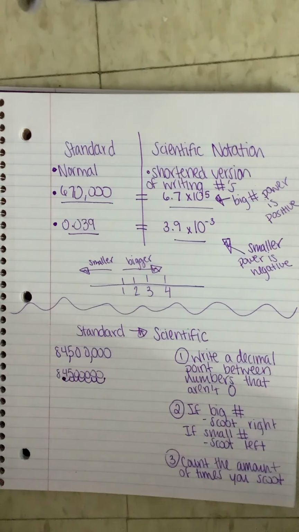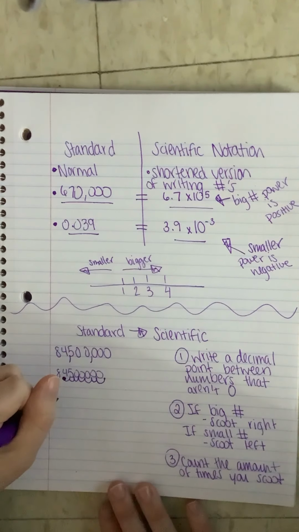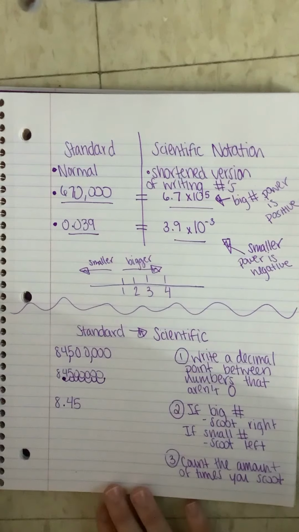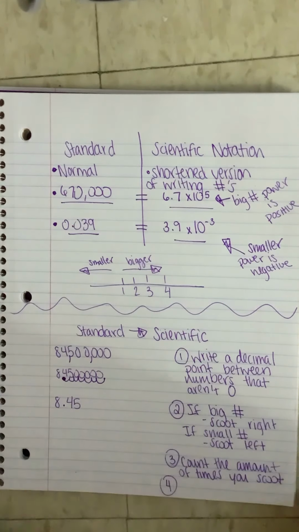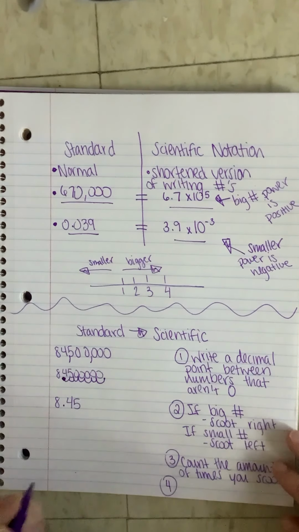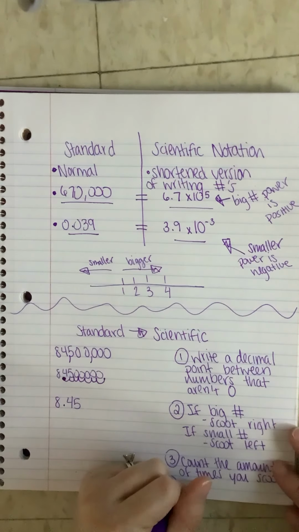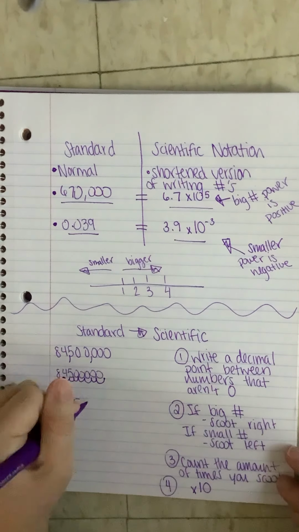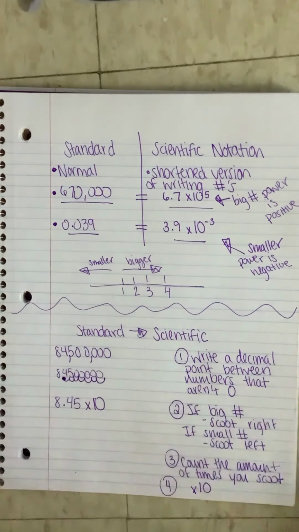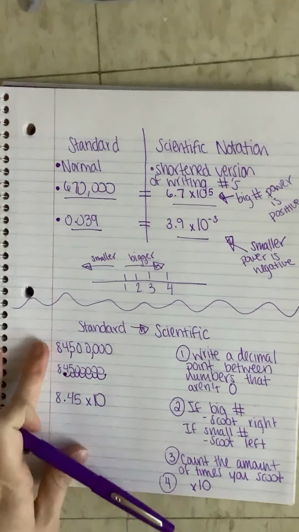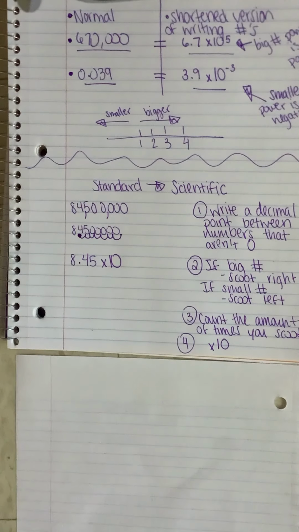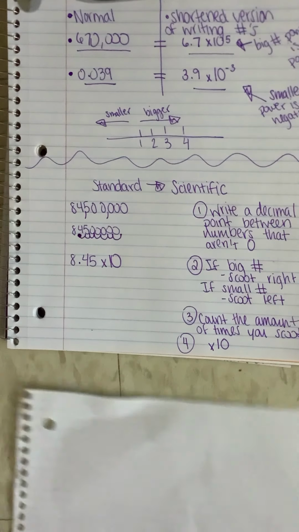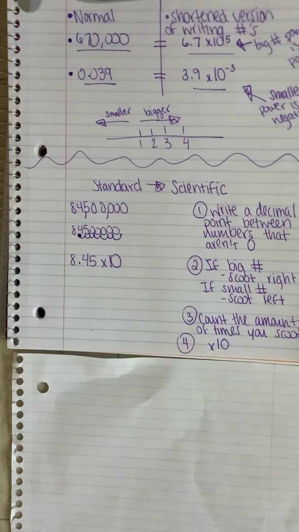Okay, so now I'm going to rewrite my number. I had 8.45. That was where we wrote our decimal. Now that I've counted the amount of times I scooted, my fourth step is to write times a base of 10. I'm just going to add more steps on my sheet of paper. Hopefully you have room. If you don't, you can flip the page or do whatever you need to do.